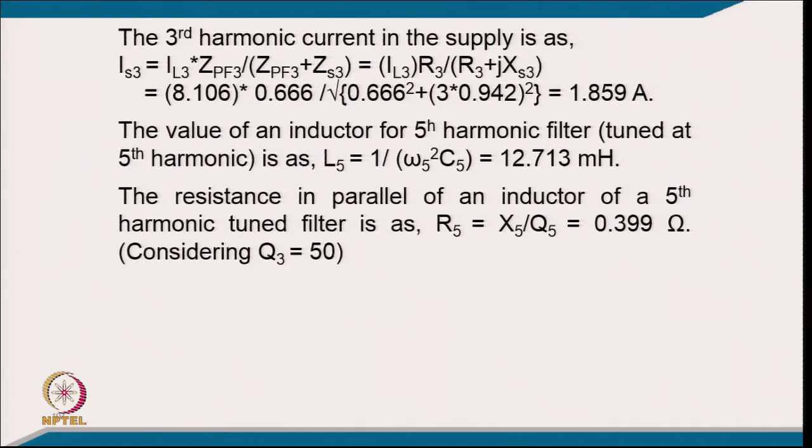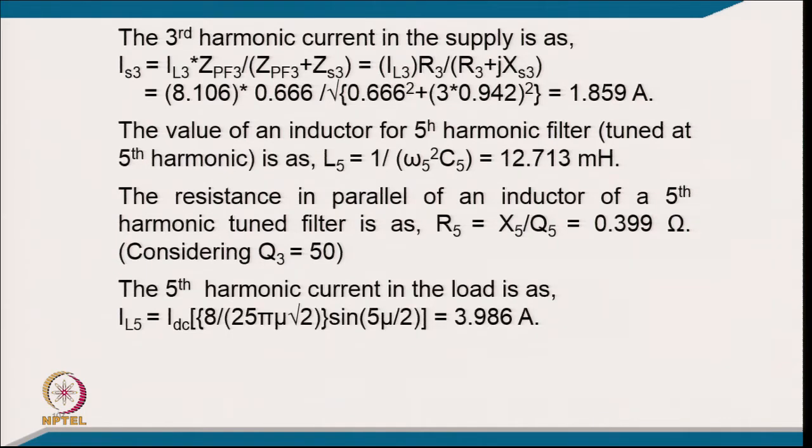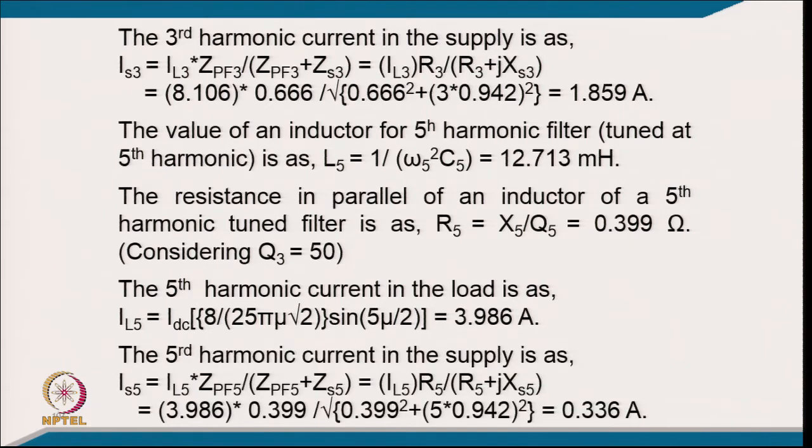It comes 0.399 ohm, and the fifth harmonic current in the load, from this relation for n equal to 5, comes 3.986. The fifth harmonic in the supply current, from the impedance relation IL5 ZPF5 upon ZPF5 plus ZS5, giving the value, comes only typically 0.336.